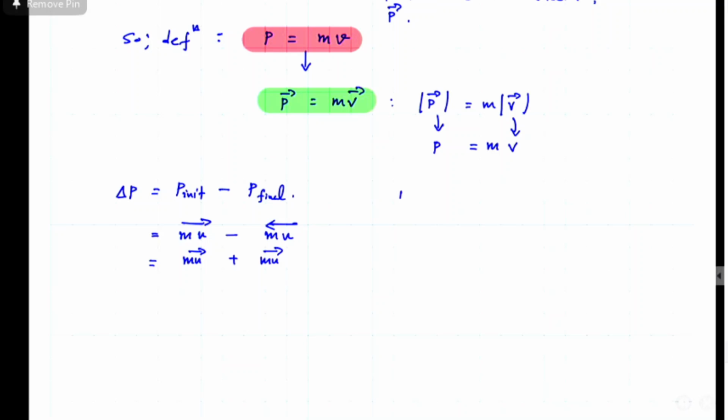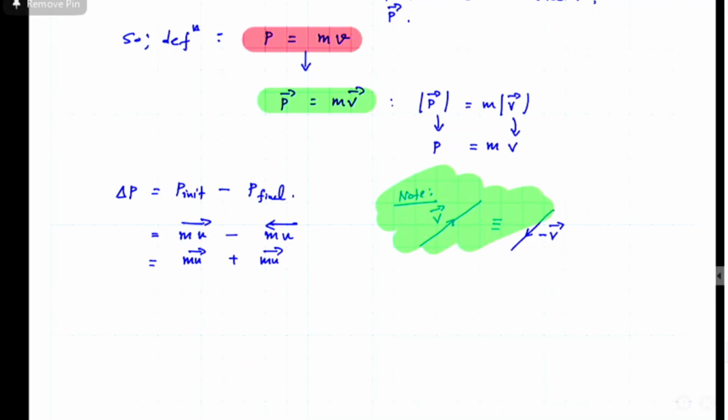So note here, that is inside physics. Note here, if you have a velocity vector, you can write that this way, minus v. That's a fact. That fact physics people should know, right?